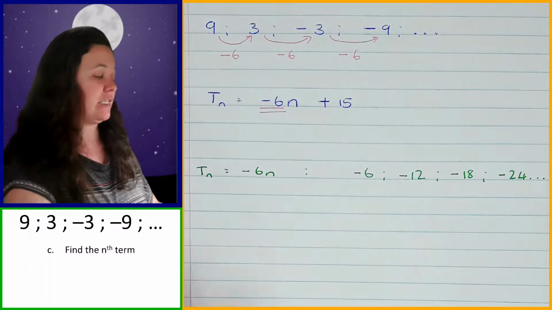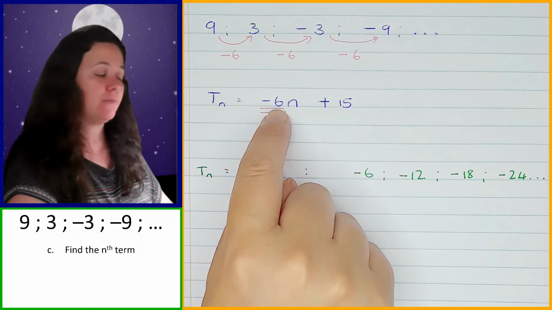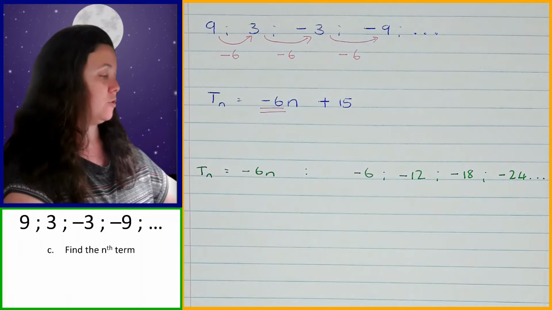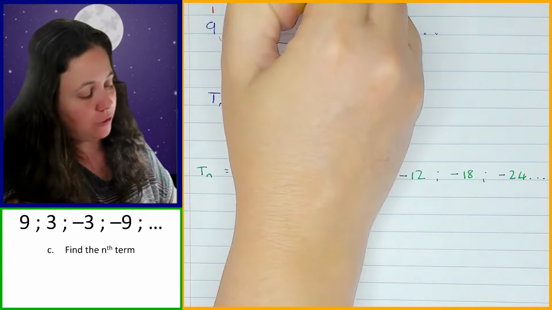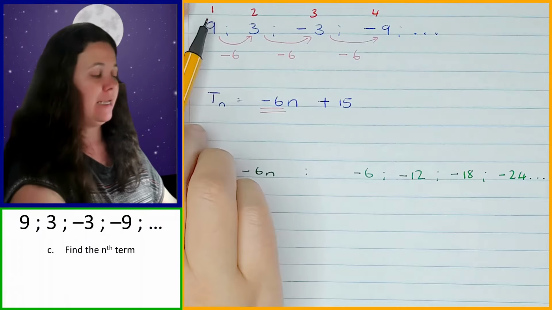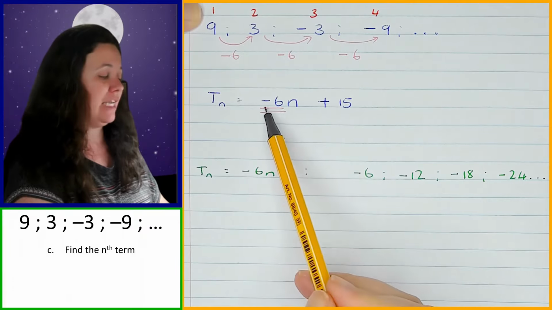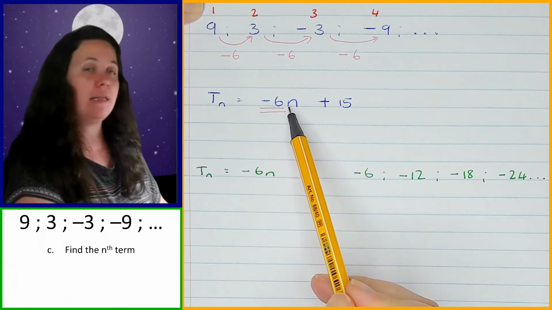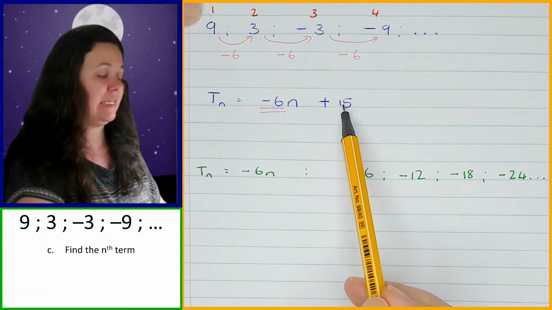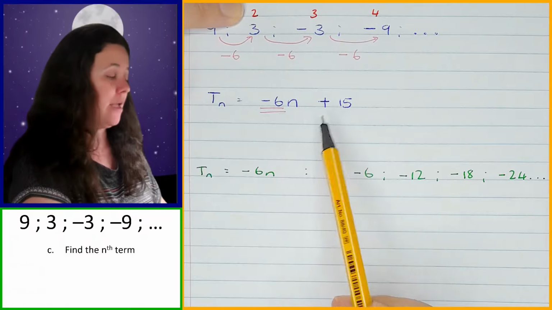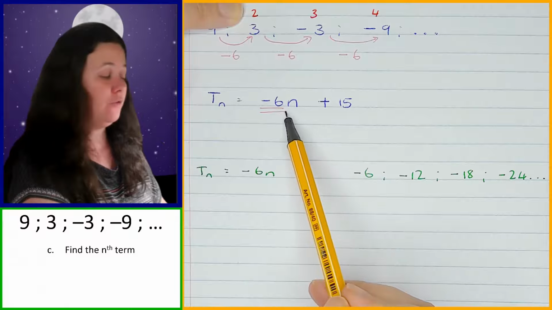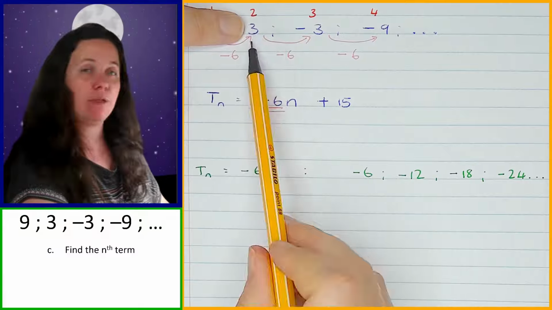So now let's go and check it. If this term over here is the first term, and the second term, and the third term, and the fourth term, so here n is 1. So if I have negative 6 times 1, that's negative 6, plus 15 is 9. Negative 6 times 2 is negative 12, plus 15 gives me 3.